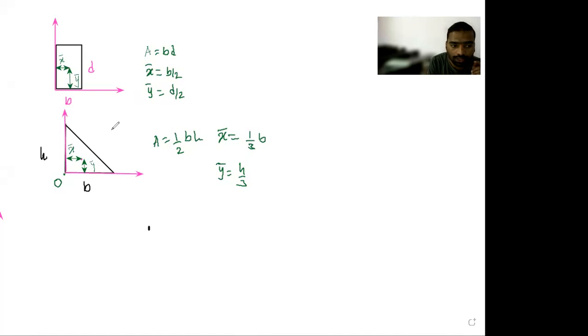If at all I want to calculate from the apex, this is the apex. Here we calculated from the reference axis. In case I want to calculate from this point to this point, then x bar will be 2/3 of B from the apex.